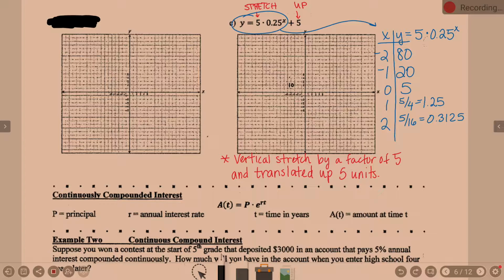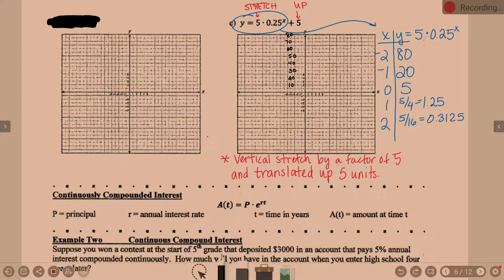Skip a line is 15, label 20. 25, label 30. 35, label 40. 45, label 50. 55, label 60. 65, label 70. 75, label 80. If you do it my way, you get 80 as your top line.